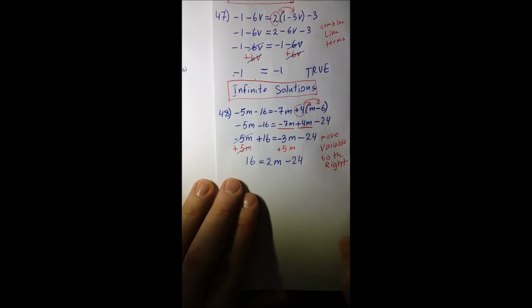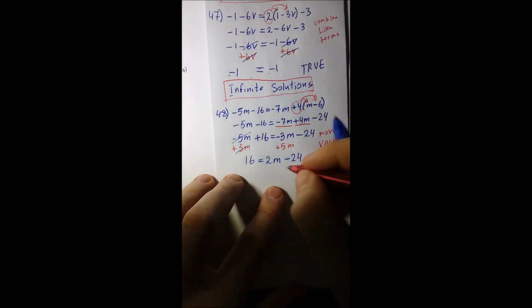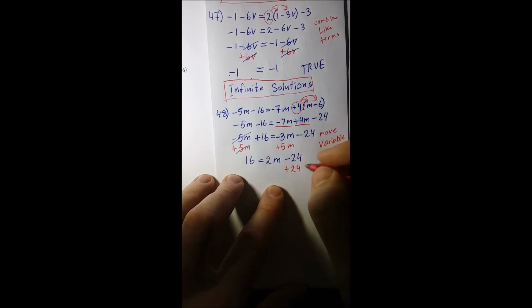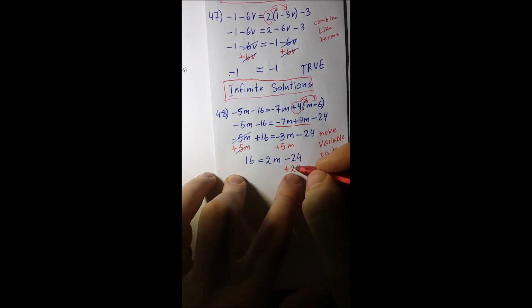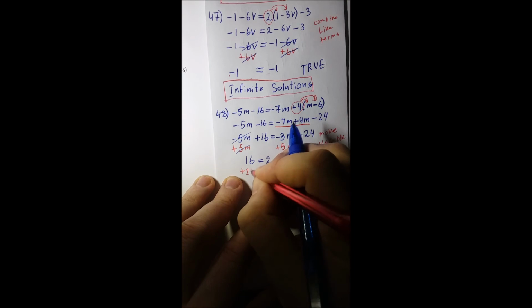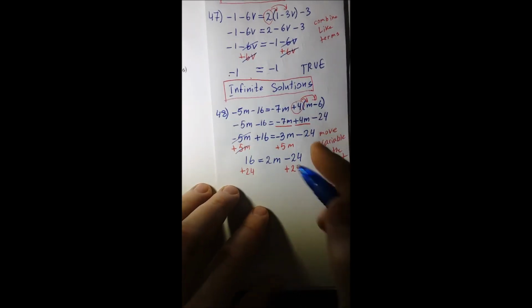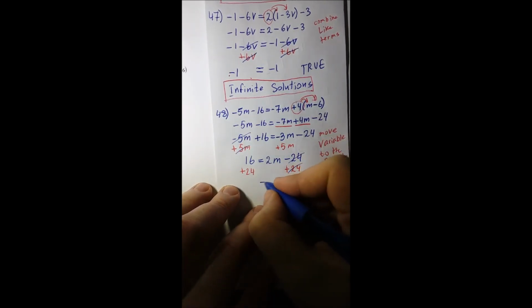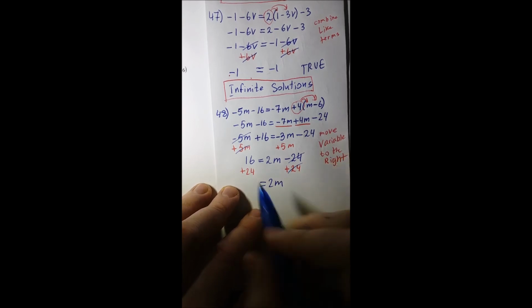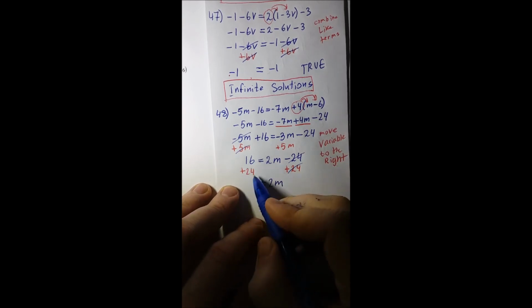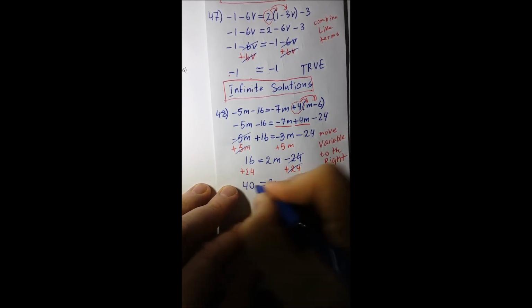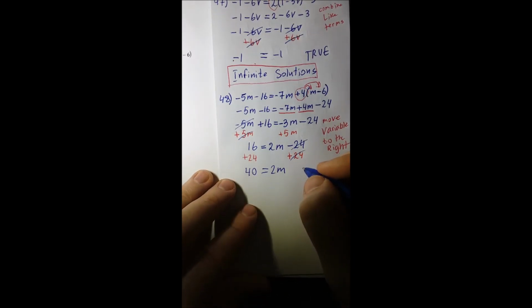Very nice. So at this point, I'm going to move the negative 24 away. It was a negative 24, so we need to add 24 to both sides. And cancel out here, equals 2m. 16 plus 24 is 40. So 40 equals 2m.